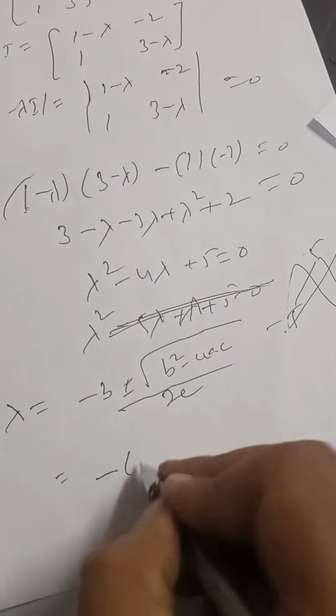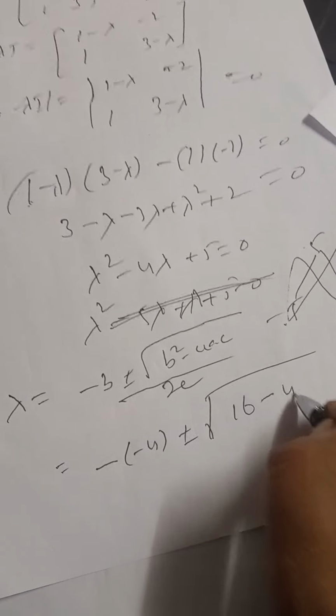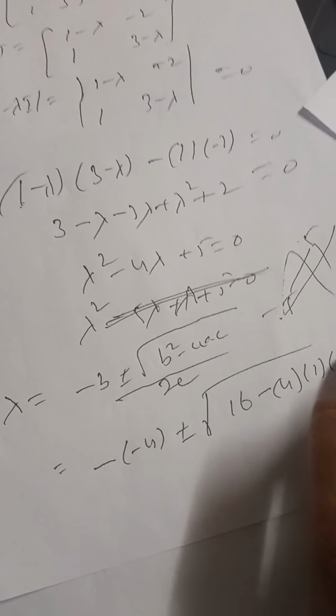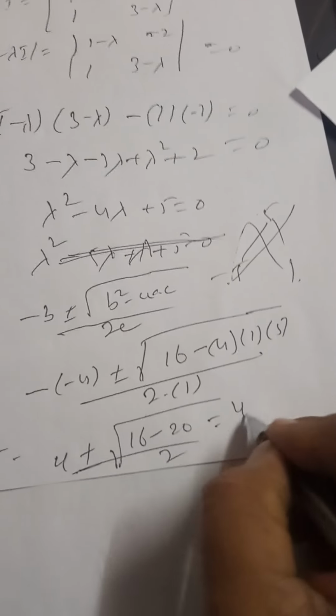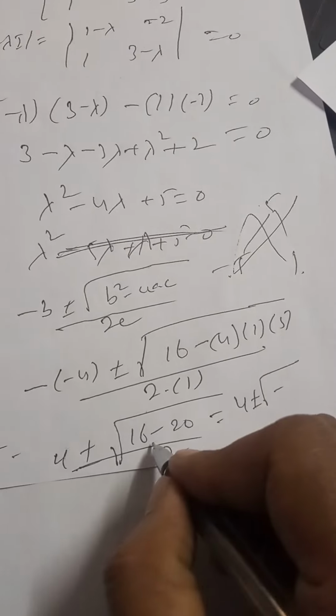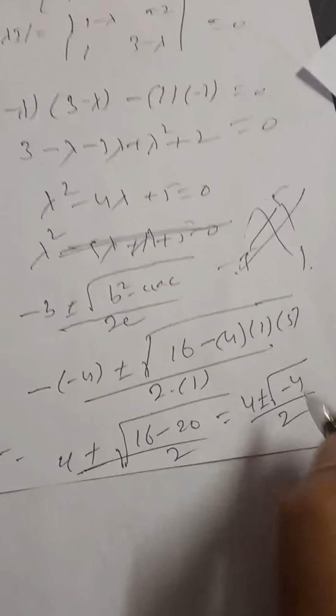In that case, we have to use minus b plus or minus square root of b square minus 4ac by 2a. Minus b, minus of minus 4, plus or minus square root of b square 16, minus 4 a1 c5, by 2 into a1. This is equal to plus 4 plus or minus square root of 16 minus 20 by 2, which is equal to 4 plus or minus square root of minus 4 by 2. Right, here I am writing this one.